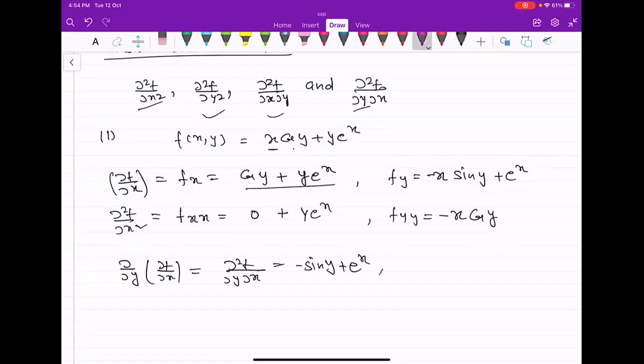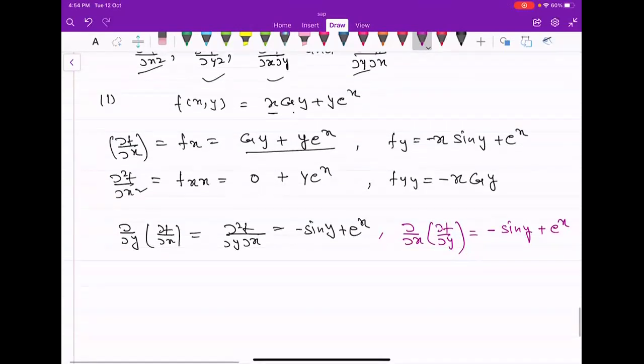Now we are computing del over del x of del f over del y. So this is minus sin y plus e raised to x. By chance, this value is equal to fyx, and this is fxy. Okay? Here, what is the value of fyx? By chance they are coming out the same here, but it is not always the case.